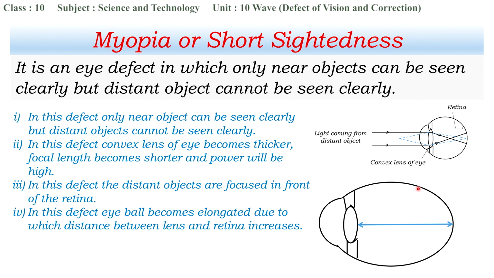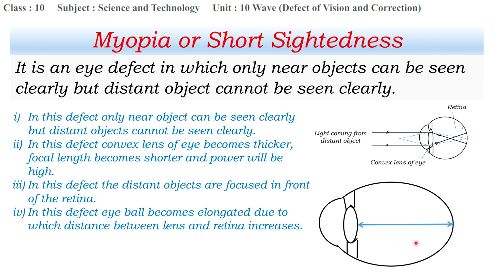If the eyeball becomes elongated, then certainly the distance between lens and retina increases. This is the health problem of the eye.